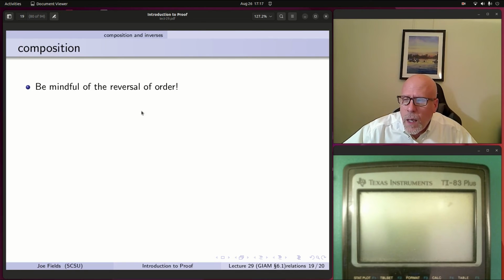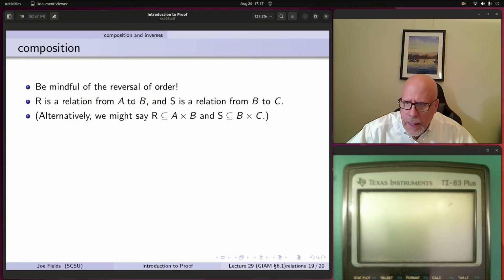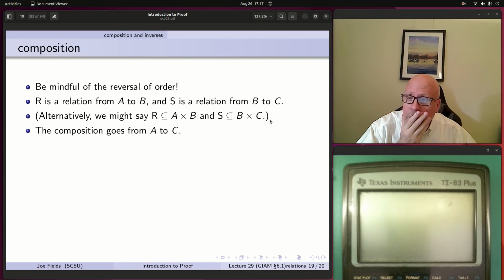There is a reversal of order that we need to watch out for. I think I've said this once or twice. But R is going from A to B, and S is going from B to C. Okay, we could say that in terms of Cartesian products too, that R is a subset of A cross B, and S is a subset of B cross C. Still, the composition ends up going from A to C, so it's a subset of A cross C.